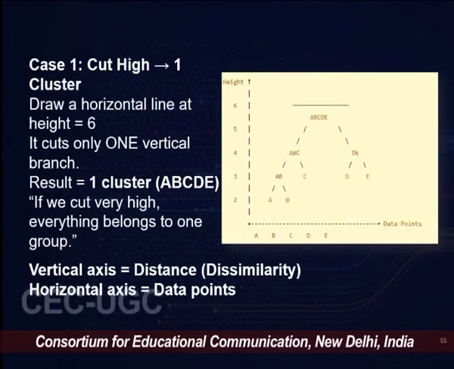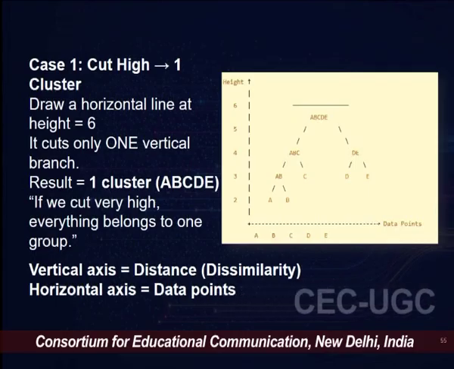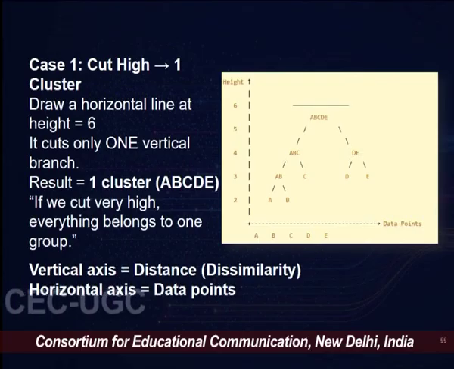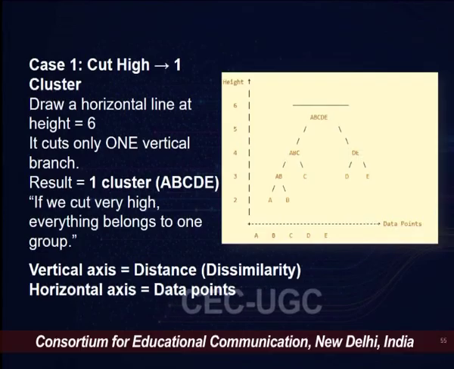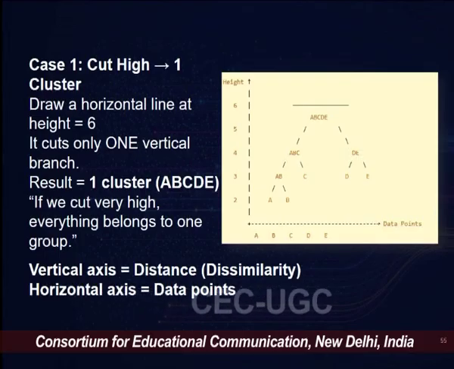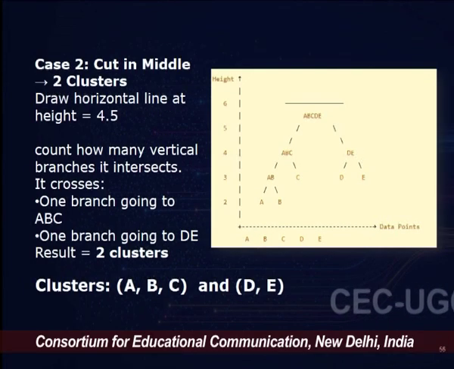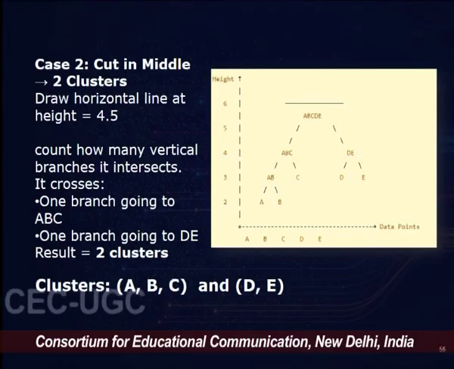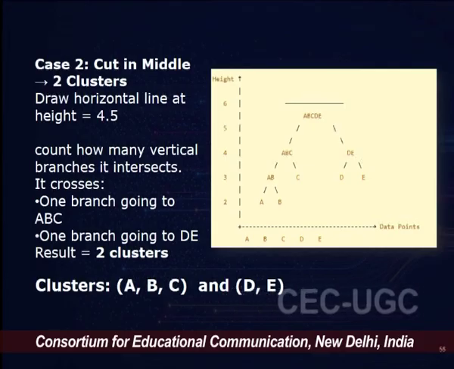In case 1, I cut at a higher level, suppose height 6, and it left everything in one cluster, A, B, C, D, E. If we cut very high, everything belongs to one group. The vertical axis is the distance, and the horizontal axis is the data points. In case 2, the cut is at a middle stage, at suppose 4.5.